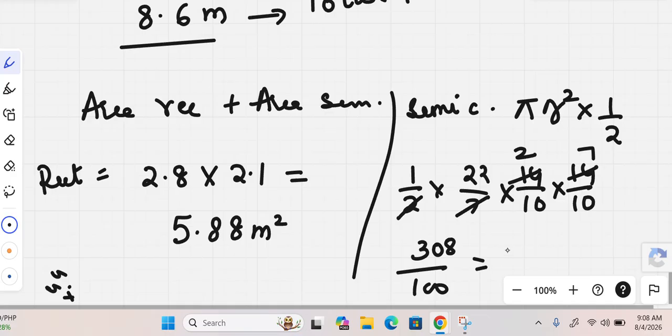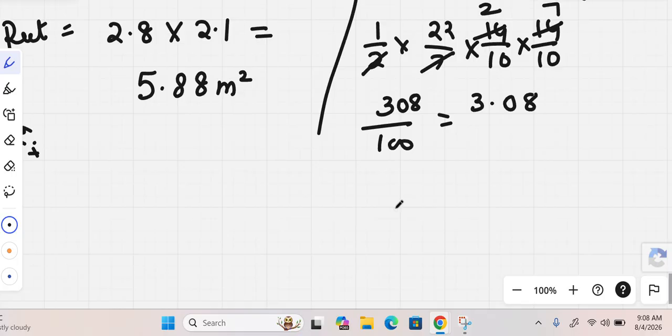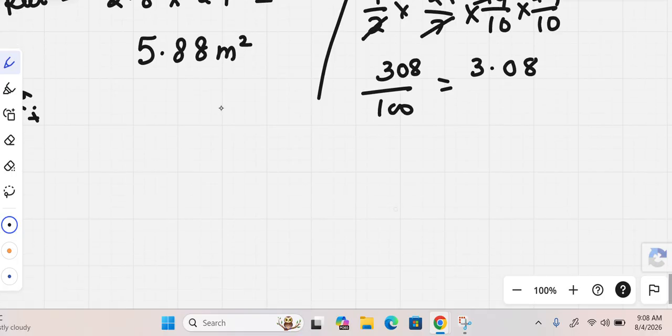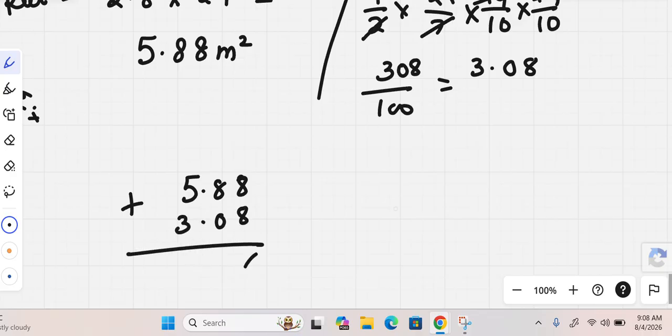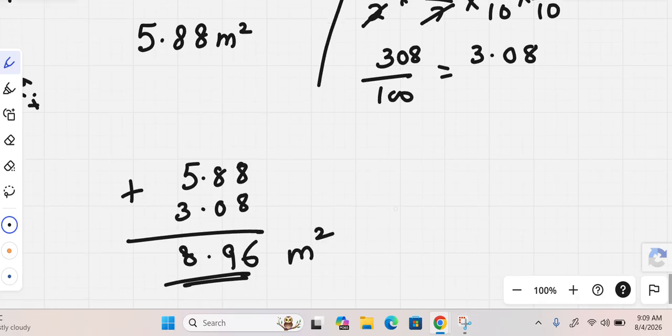So we will get 3.08. See, this is the easiest way to divide when you have problem with the decimals, kids. So 3.08. So total area is, rectangle was 5.88 plus 3.08. So the answer is 8.96 meters square. That's also done. Perfect.